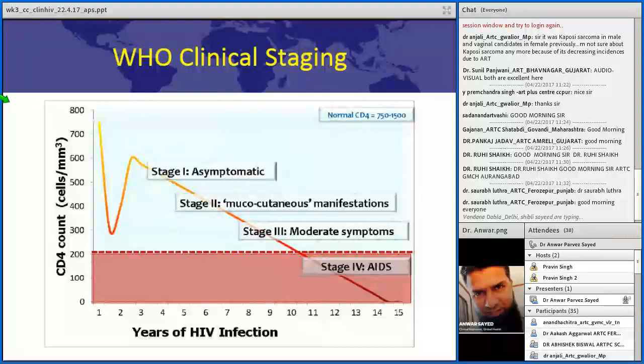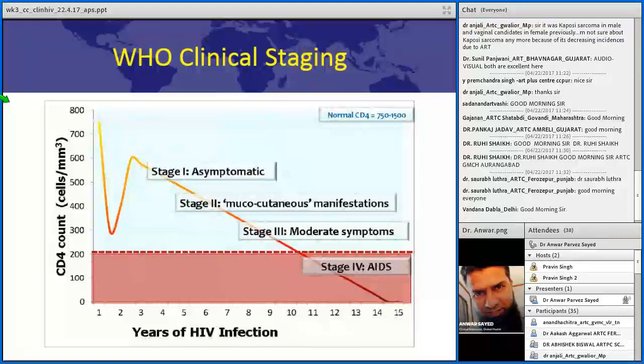If a person is complaining of having some oral lesions and complaining of odynophagia, you treat them with fluconazole treatment. So that is all we can do in resource limited setting, that is empirical diagnosis and then empirical treatment after strong clinical suspicion.